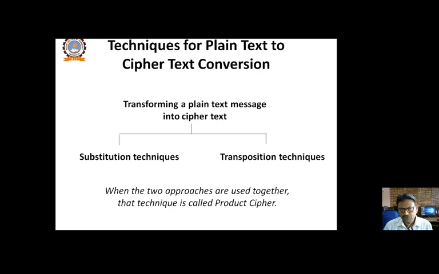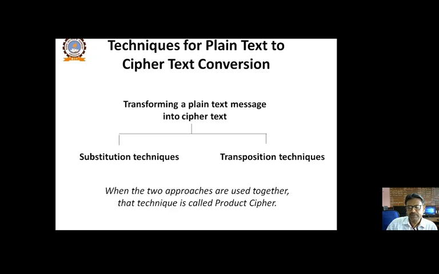That is why it is called substitution. It means we are substituting some other alphabet in place of the alphabet which is available in the plain text. Whenever we substitute or replace a particular character by another alphabet or character, that is called the substitution method or substitution technique.